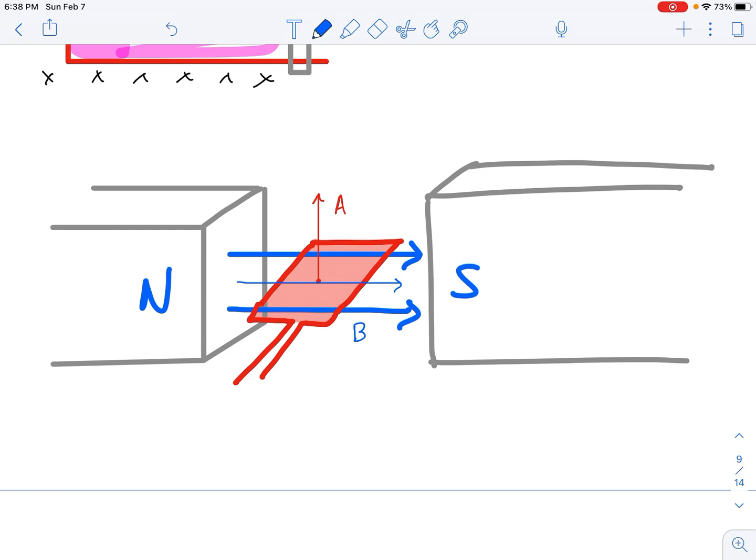Because my magnetic field vectors are to the right. So this angle is a 90-degree angle. So the cosine of 90 degrees is 0. So this scenario is going to minimize the flux. Evidently, I can't spell the word minimize today.